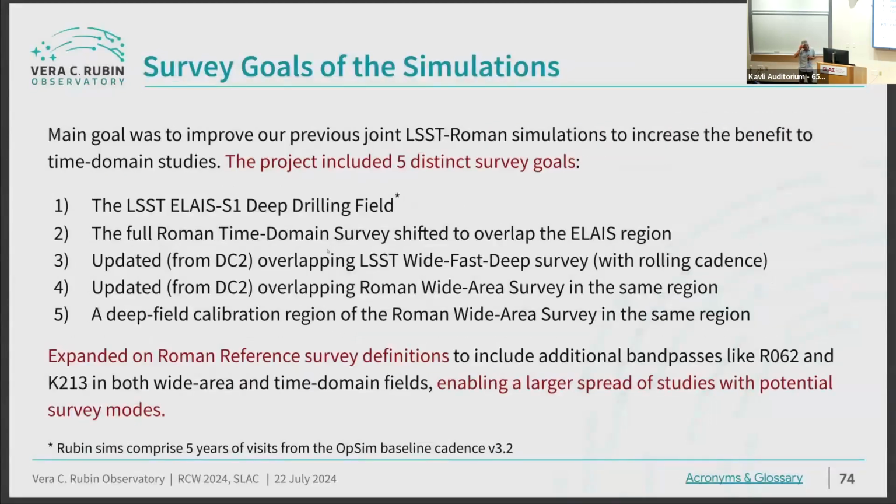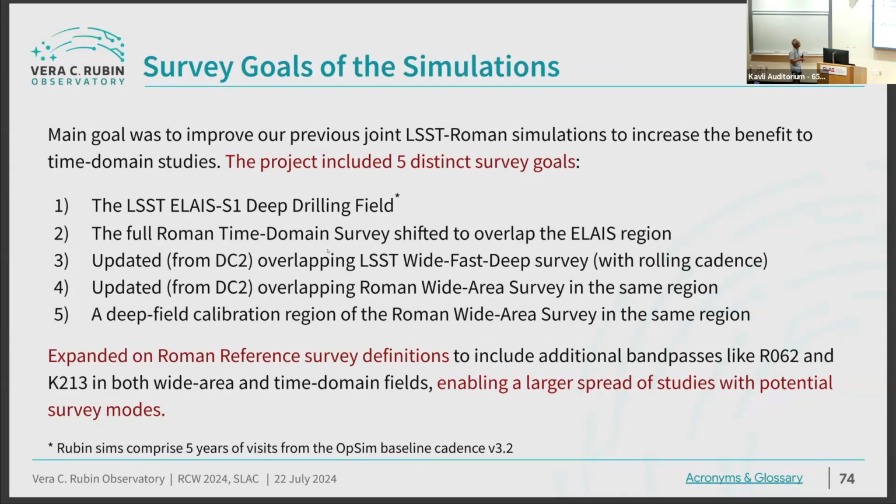Since the DESC had collaborated with the Roman team to produce coordinated simulations of the DC2 survey area, which mainly benefited static DESC science, we decided to focus on time domain science for these simulations. There are 5 distinct goals for this project to satisfy that aim. The first was to focus on a deep drilling field within one of the LSST cadences, which is the ELAIS-S1 deep drilling field.